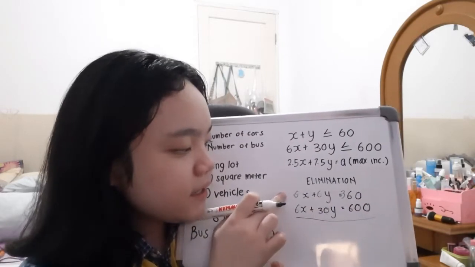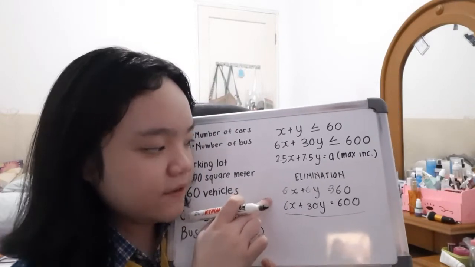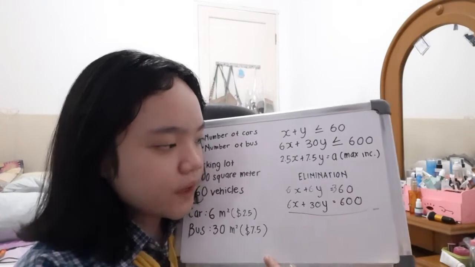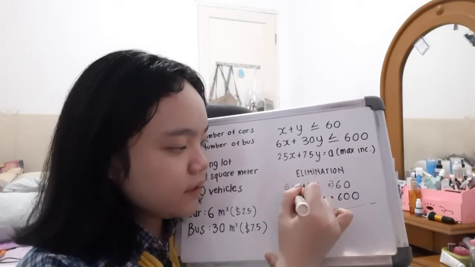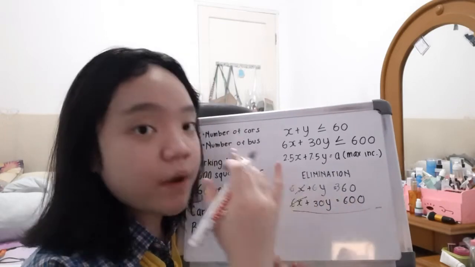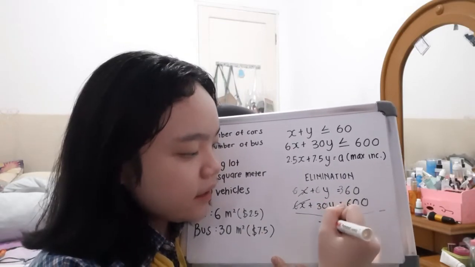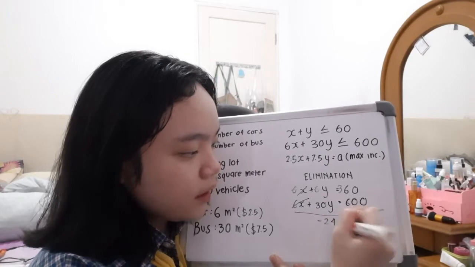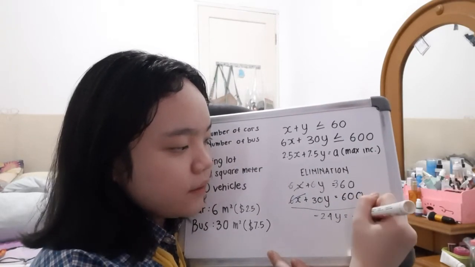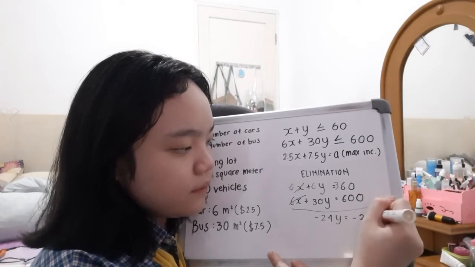Now, because both the x have a positive sign, we use subtraction. We can just cross out the x. So 6y minus 30y is negative 24y. 360 minus 600 is negative 240.